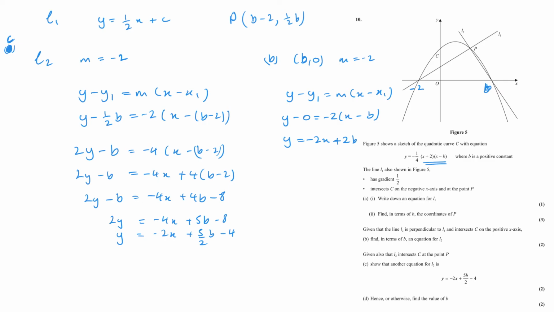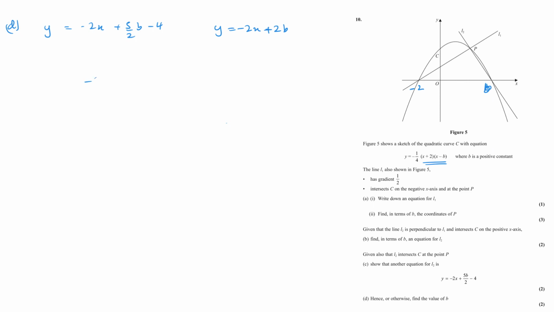Sorry about that. D, hence or otherwise, find the value of b. So these are two equations for the same thing, so we just need to equate them now. So minus 2x plus 5 over 2 b minus 4 equals minus 2x plus 2b. So the minus 2x will cancel.